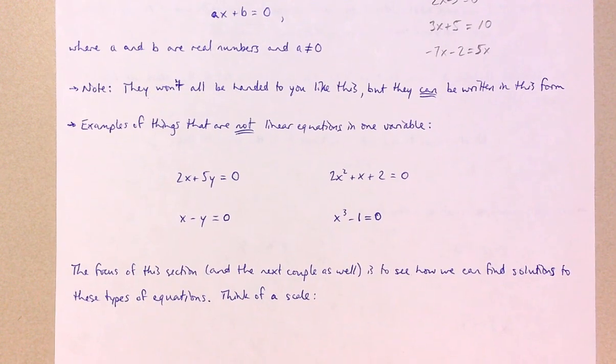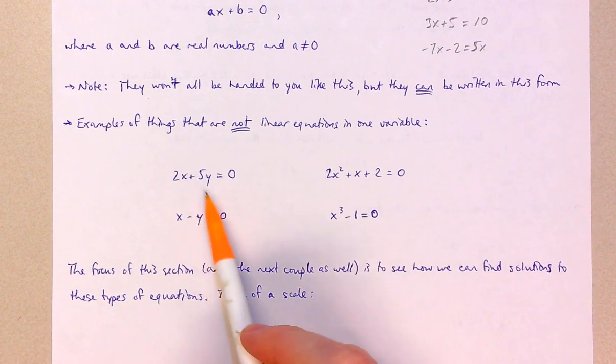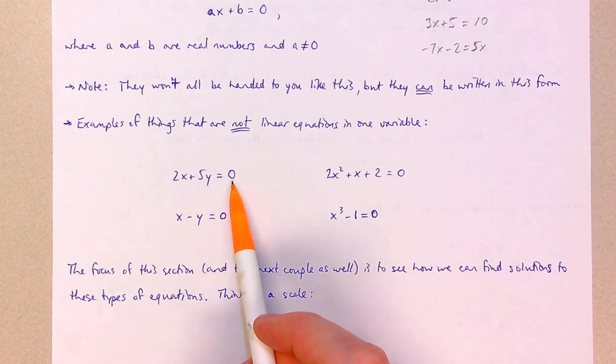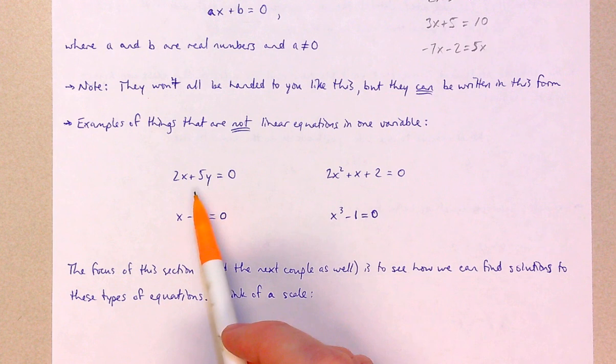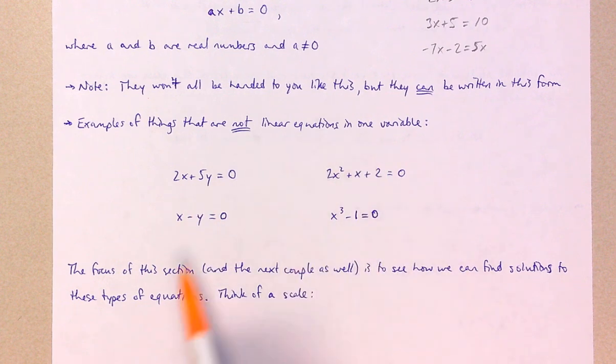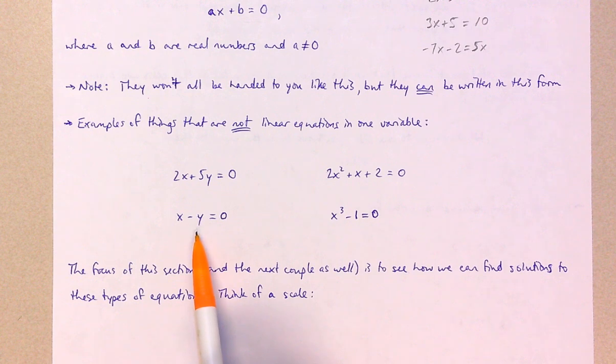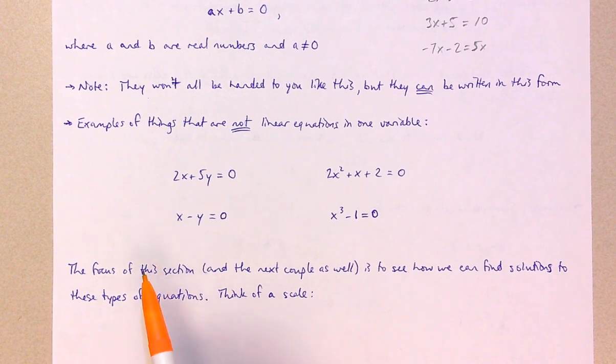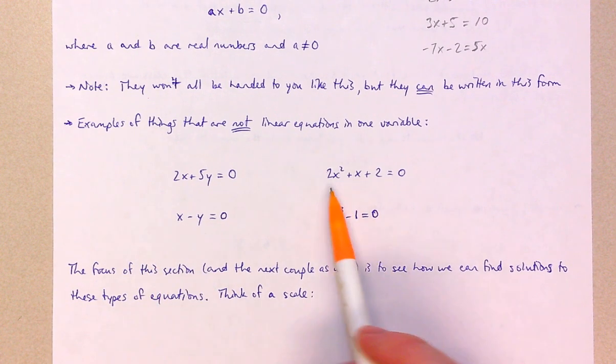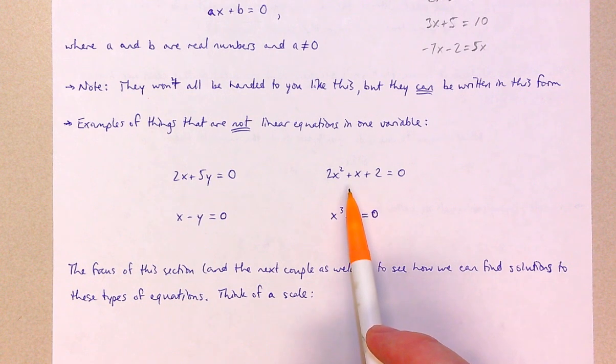Some examples of things that are not linear equations in one variable. 2x plus 5y is equal to 0. We have two variables in here. Obviously, it's not one. Same thing going with this second guy here, x minus y is equal to 0. This guy right here is not a linear equation.